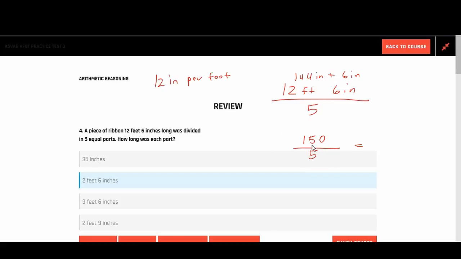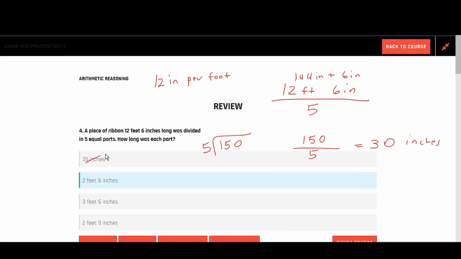Instead of regarding this as division, we're going to do it mentally. We're going to say to ourselves, 5 goes into 15 3 times with an extra 0. So 150 divided by 5 is 30. So in other words, each piece of ribbon is going to be 30 inches long.